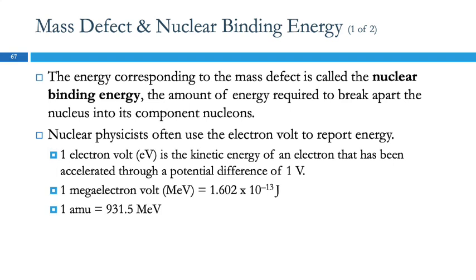So again, we're dealing with metric units of volts and just defining things in different ways. So a mega electron volt is equal to 1.602 times 10 to the minus 13th joules. You don't need to memorize that. And so we can work out a conversion. 1 atomic mass unit is equal to 931.5 mega electron volts.